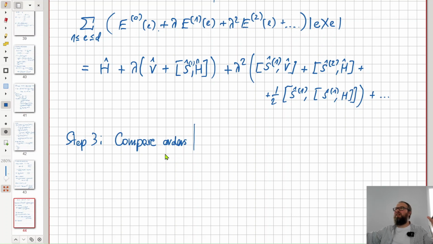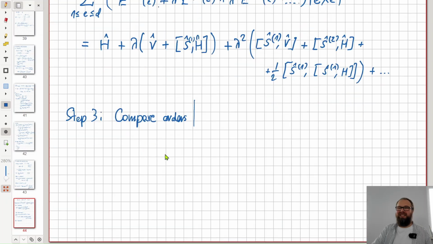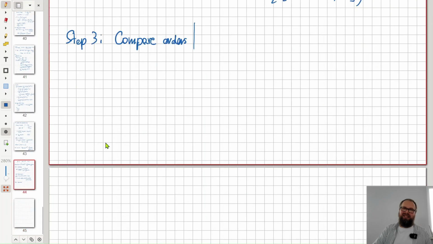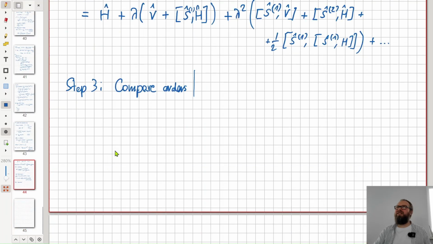For this equation to work for any lambda, because formally we can treat lambda as a variable, the stuff of the same order in lambda has to be equal for the whole expression to be equal. Standard trick with polynomials, and also a standard trick with homebrew perturbation solutions.